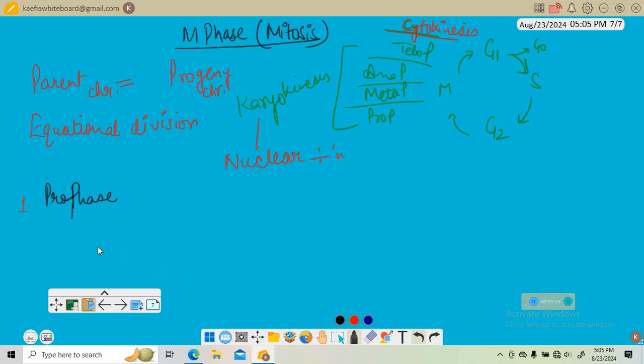So here we have two stages, early and late prophase. Now how does prophase start? There is condensation of chromosomal material.